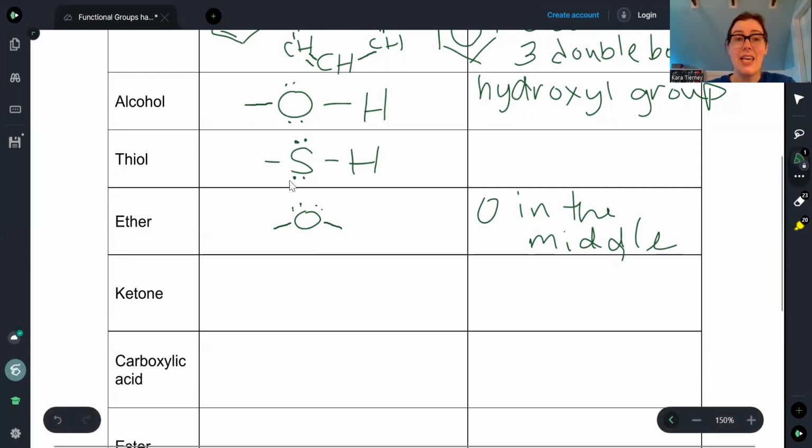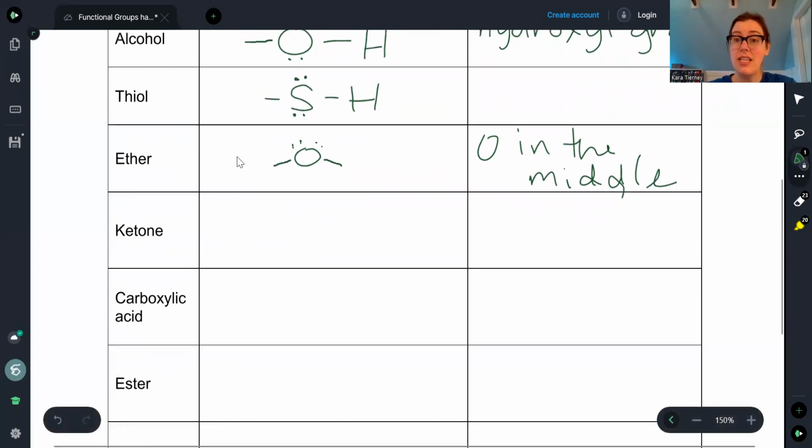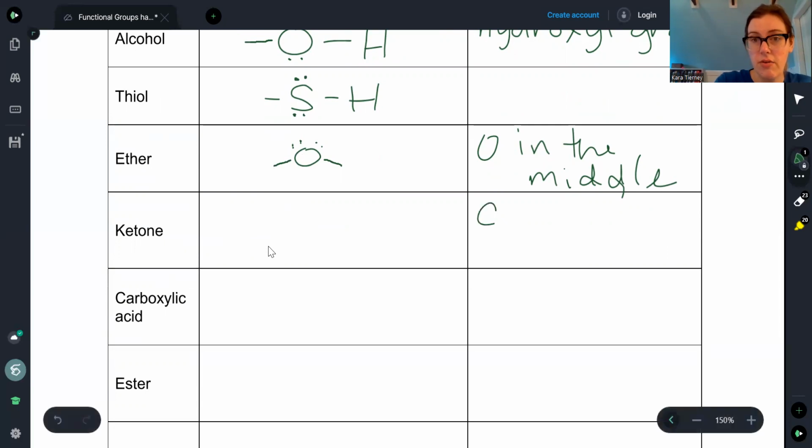All right. Ketones have an oxygen in the middle, but that oxygen is branched out from a carbon. So with this ether, this oxygen is going to be single bonded on either side, typically to a carbon. With the ketone, we're going to have what is called the carbonyl group.